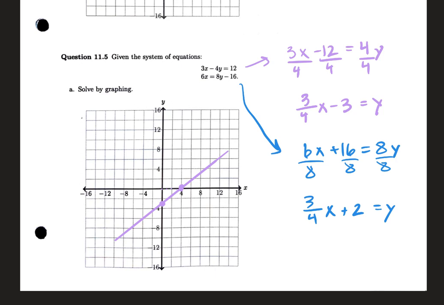There we go. And then the other one, the blue one, starts at +2, and that also rises 1, 2, 3, runs 1, 2, 3, 4. So we've got our line.